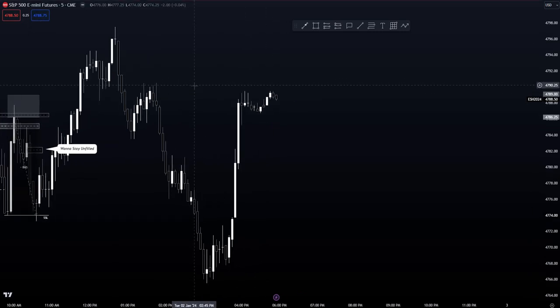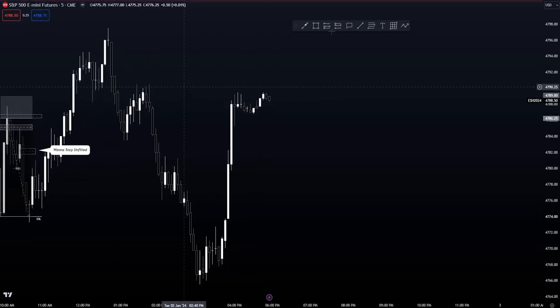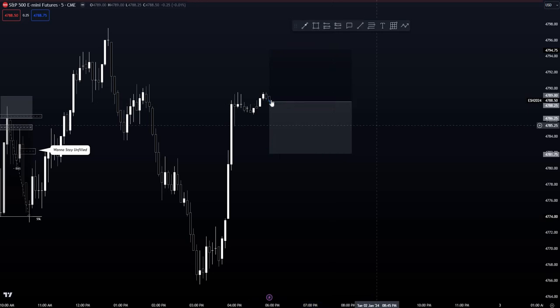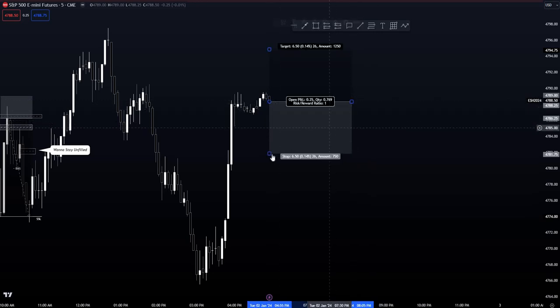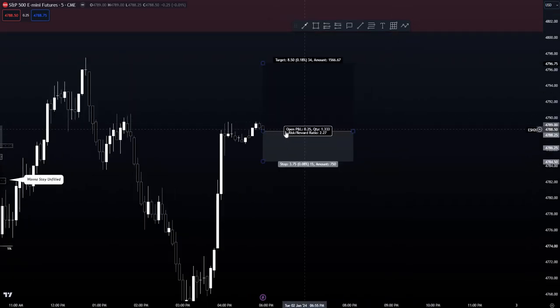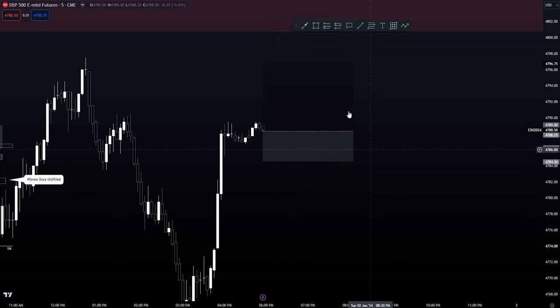Now, there are going to be 3 parts of a trade entry. For example, let's say we enter our trade right here. You're going to have your entry, which is this middle line here. You're going to have your stop loss, which is the end of this gray box here.